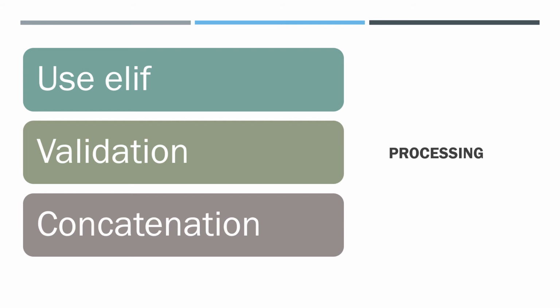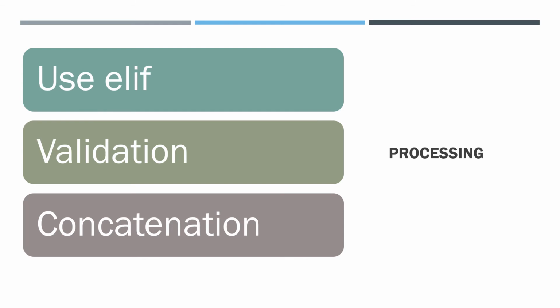You can add validation so that there's a final default value if they forget to enter some of the important information that you need. And you'll use the concatenation symbol, which is a plus sign, to join together the name of the wind, the name of the location, and a few other words to make it up into a proper sentence. Once again, everything there we have done in previous lessons.